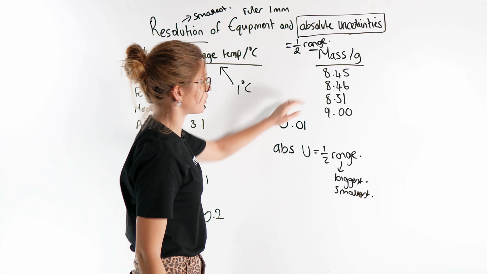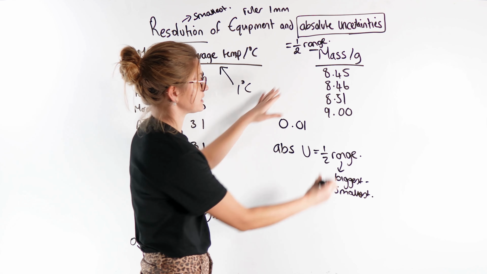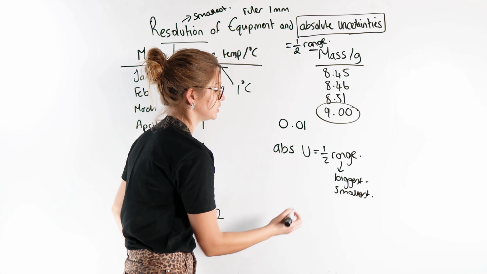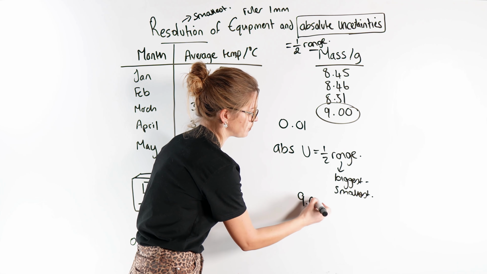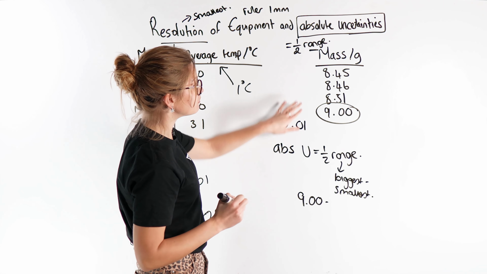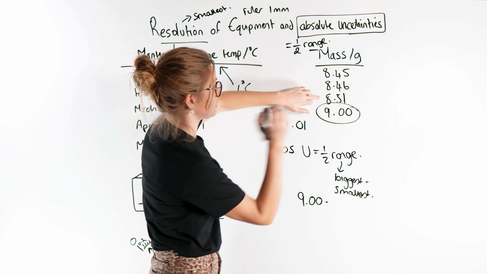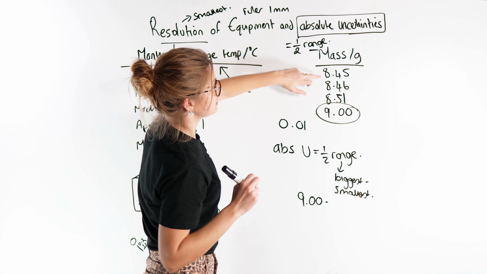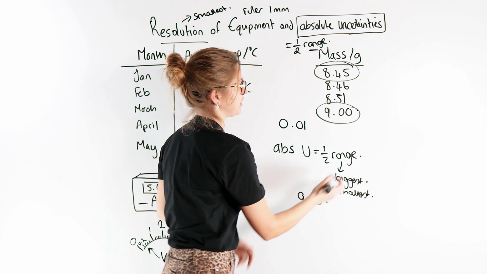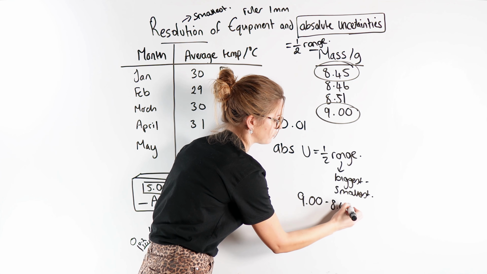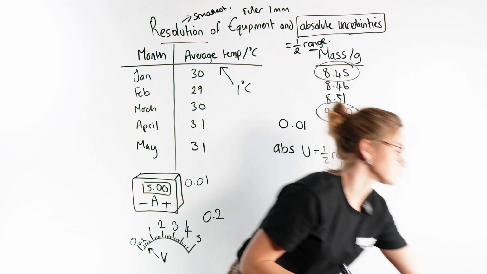So what we do is we look for our biggest number that we recorded. The biggest number here is 9.00. So we take the biggest number, 9.00, take away the smallest number here. The smallest number here is 8.45. So always use your calculator.